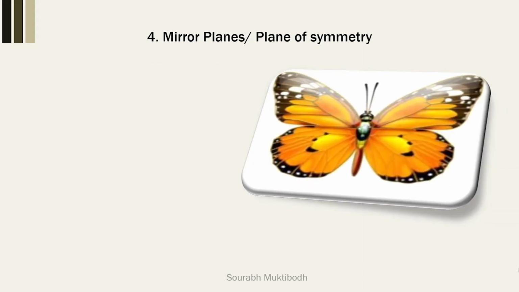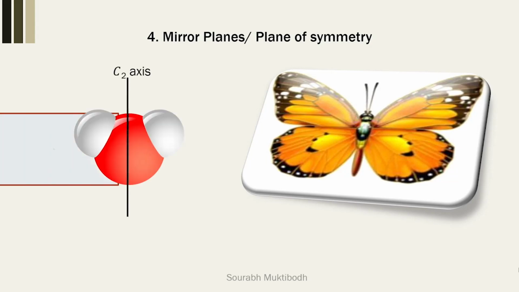You notice this butterfly. Beautiful, isn't it? But if you notice, this butterfly can be divided into equal halves by inserting a plane into it. And this plane is going to divide this butterfly into equal halves. Similarly, if you choose a water molecule and insert a plane like this, it is going to divide each atom into equal halves.